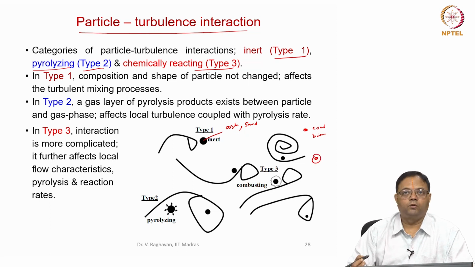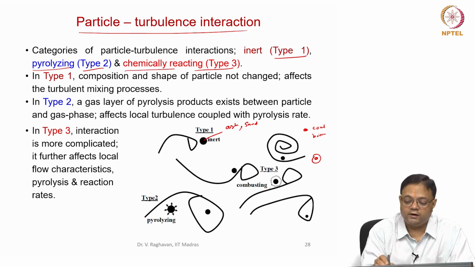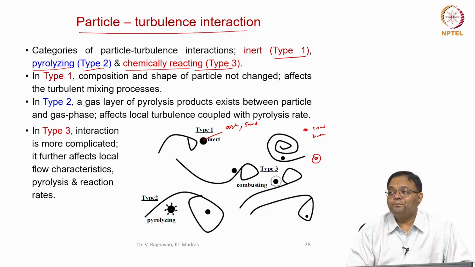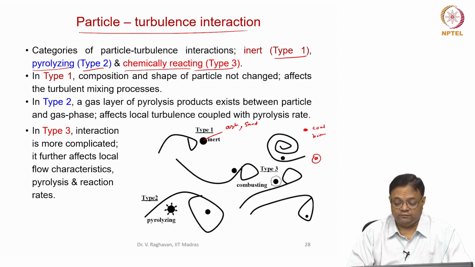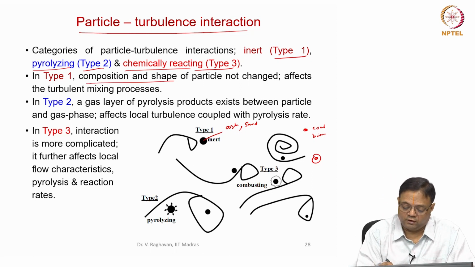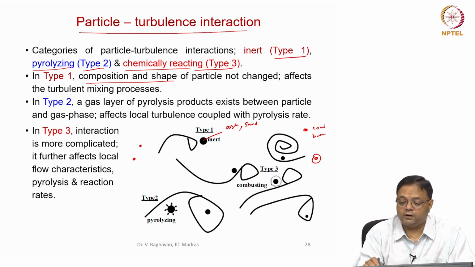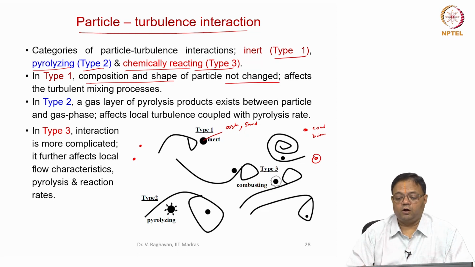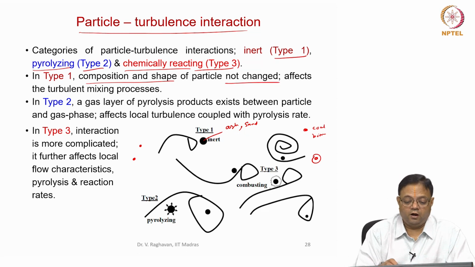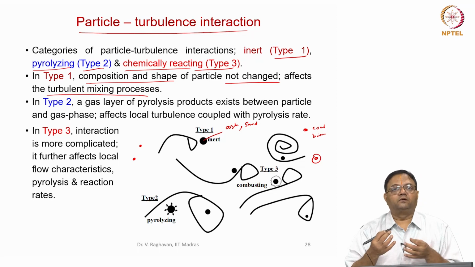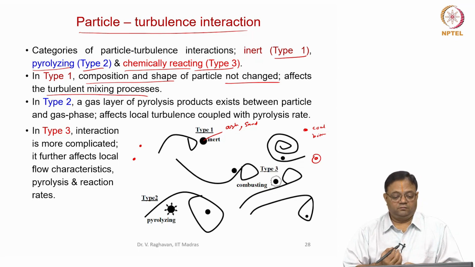The same particles, coal, biomass particle can also burn, chemically reacting situation. So now what happens in the first case, the composition, because it is ash or sand, maybe silica, some minerals etc., the composition and shape of the particle are not changed. Only the turbulent mixing process will be affected.